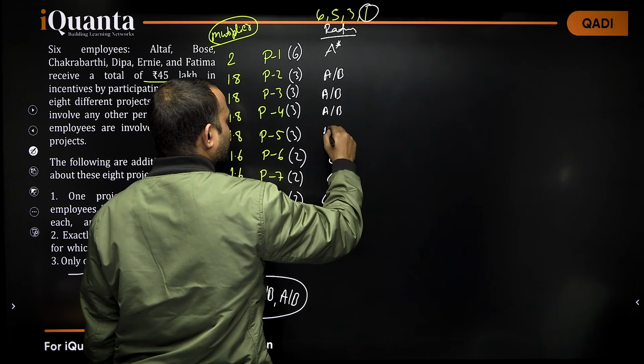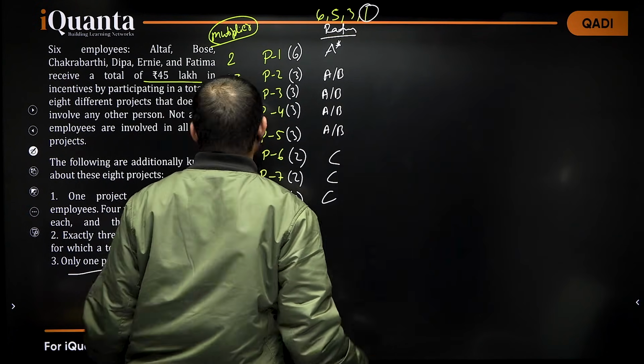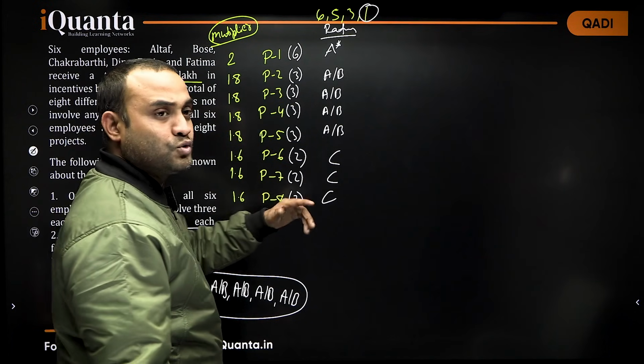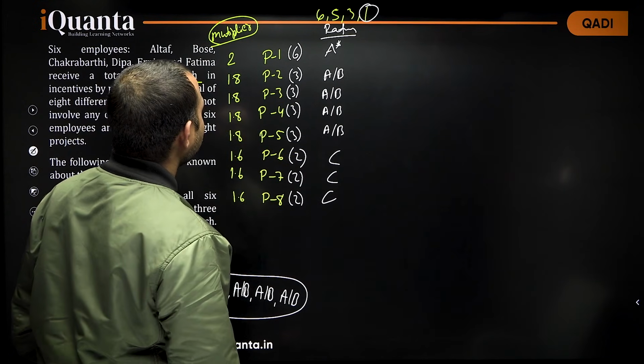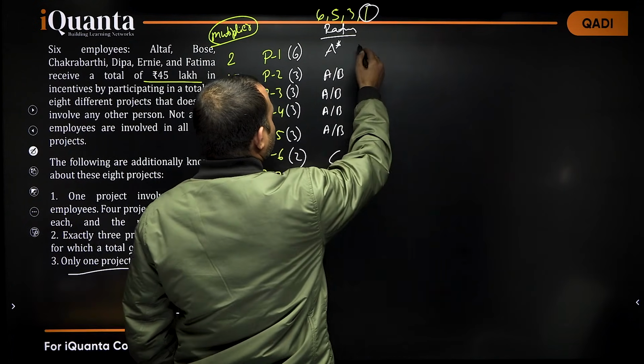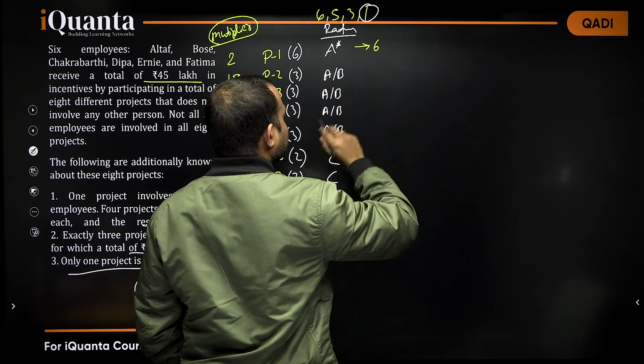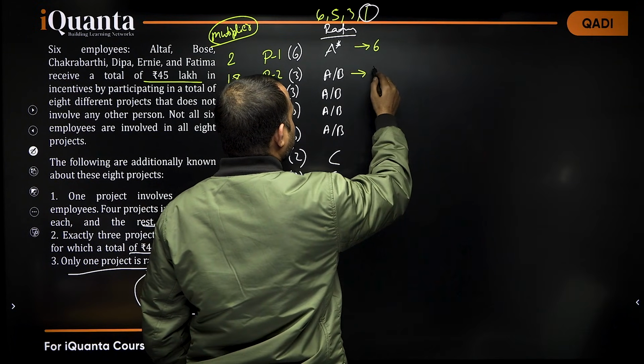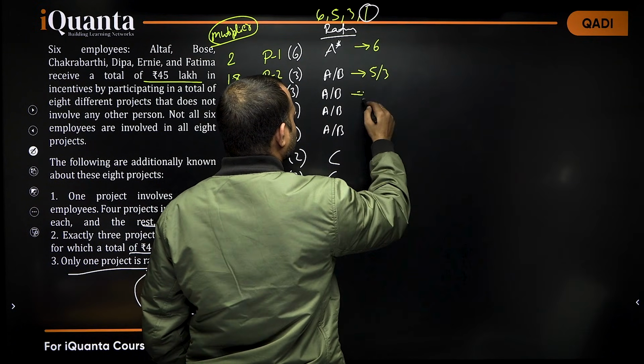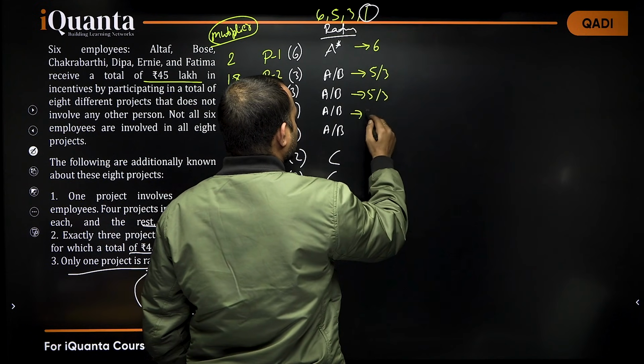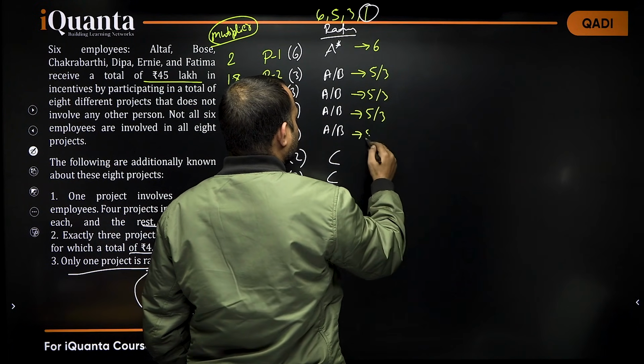And what will be the total amount? Let's see. For A star, they are going to be paid 6 lakhs. For these, they are going to be paid 5 or 3.